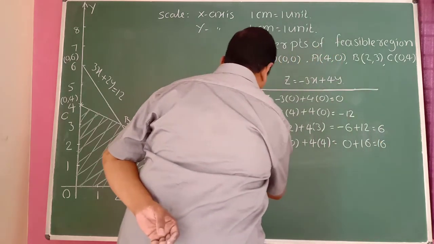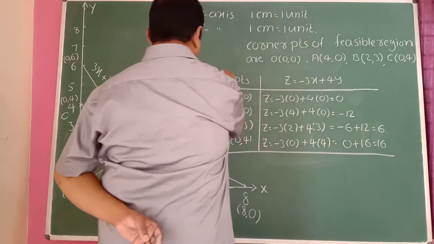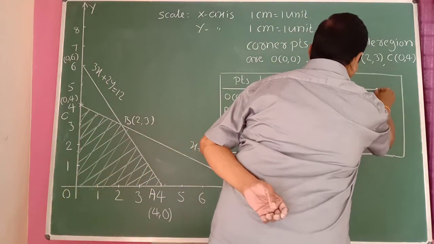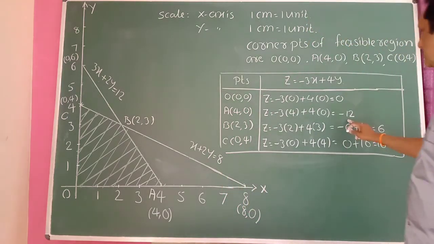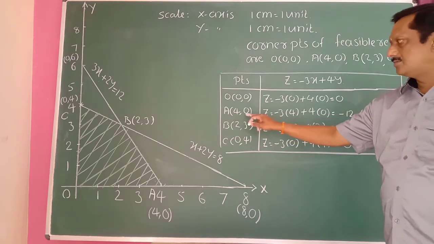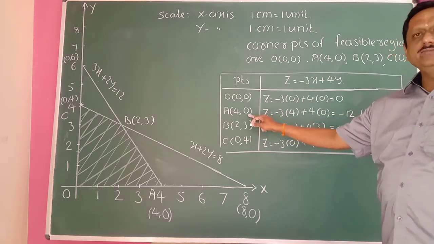Okay, therefore here it is a minimization problem. Here minimum value is minus 12. So minimum value is minus 12. So at the point 4 comma 0, LPP has a minimum value.